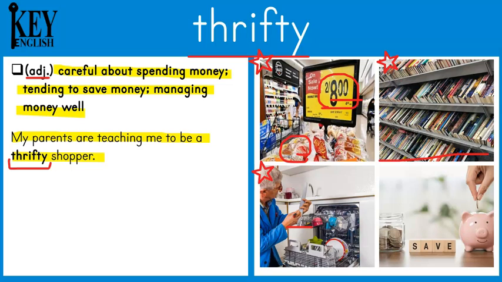So if something is broken, most people will throw it away and buy a new one. But if you are someone who is thrifty, like the grandpa here, then you might repair the thing instead of buying a new one right away. So being thrifty does not mean you are being cheap. It just means you are spending your money very wisely.